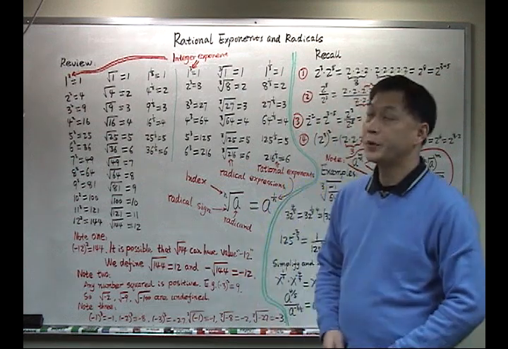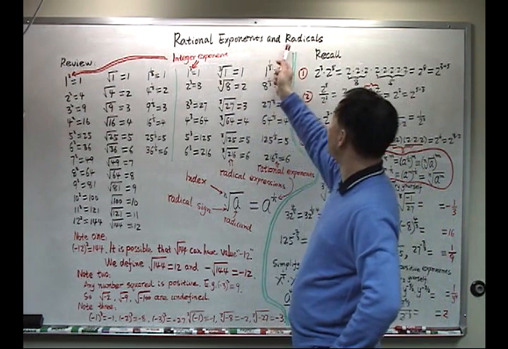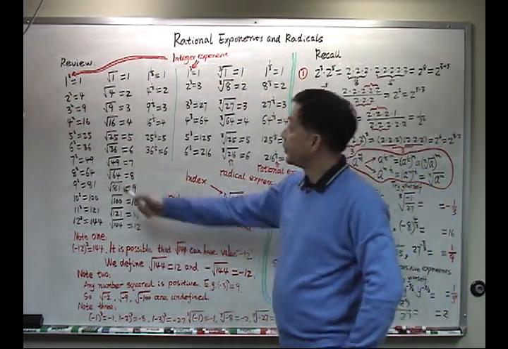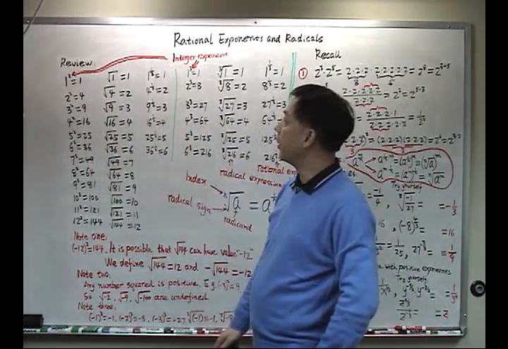In this lecture, we will talk about rational exponents and radicals. Let's review those two columns we have learned before.